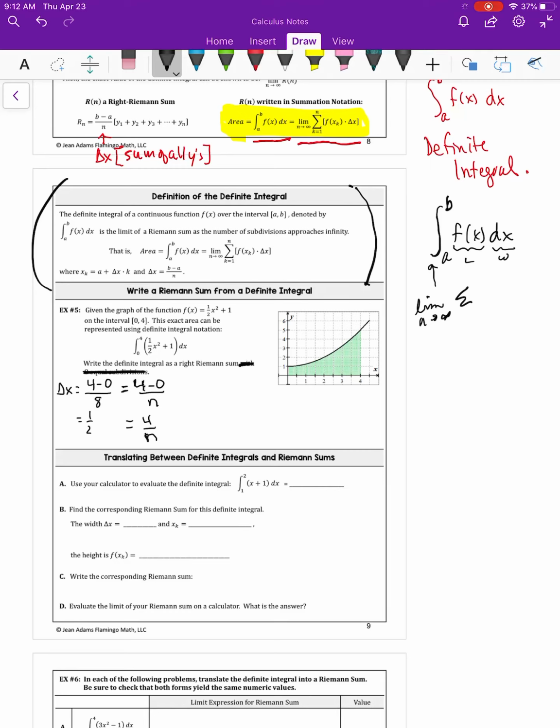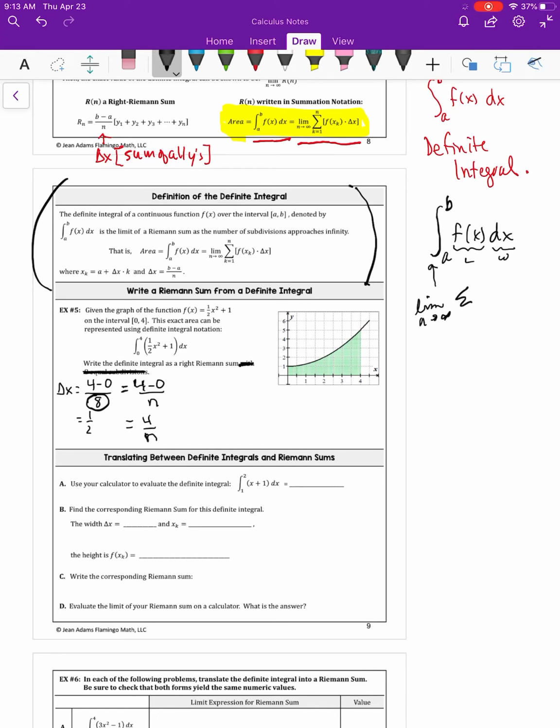So if that's taken off, you need to think of this as you've got n number of subdivisions. So this is what your delta x becomes. It becomes 4 over n. If they hadn't said with 8 equal subdivisions there, I'm crossing that out because I'm pretty sure your paper doesn't have the 8 equal subdivisions.